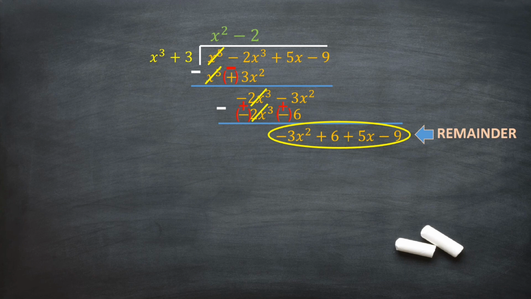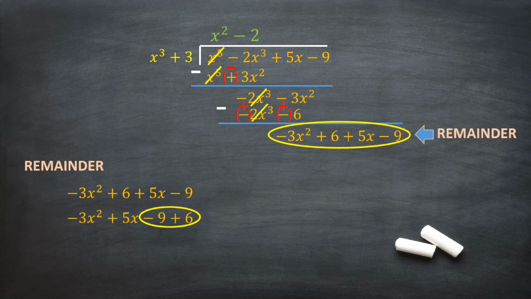We can see that we have constants, positive 6 and negative 9. So we have to combine them first before we simplify the quotient of these polynomials. Before we combine those like terms, let us first arrange the polynomial from the term with the highest exponent of the variable to the constant.